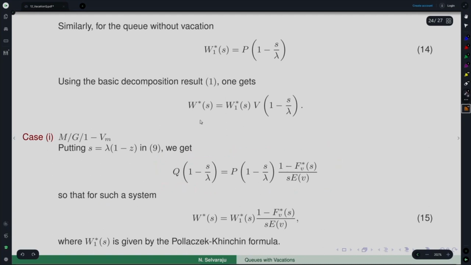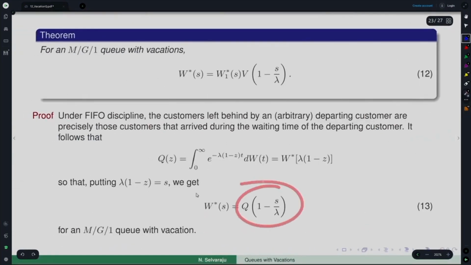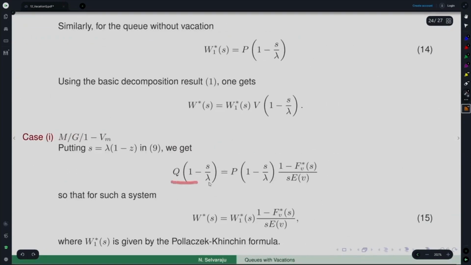So now W star of S is equal to this. W star of S we already said is in terms of Q of this quantity. This is W star of S, this is W1 star of S, and this is the additional quantity that you have, where this is given by the PK transform formula.